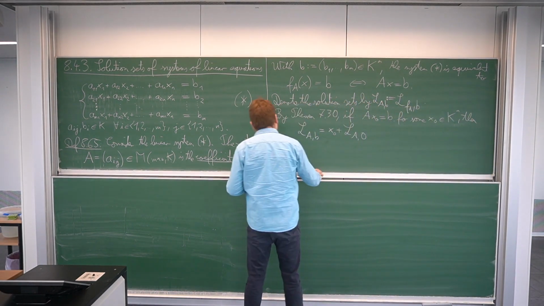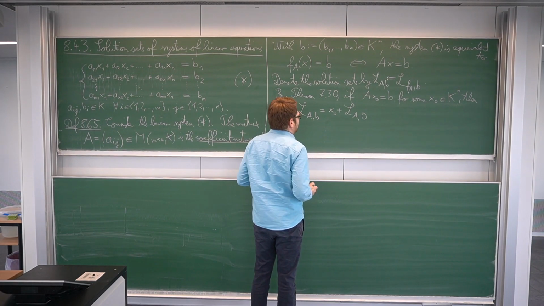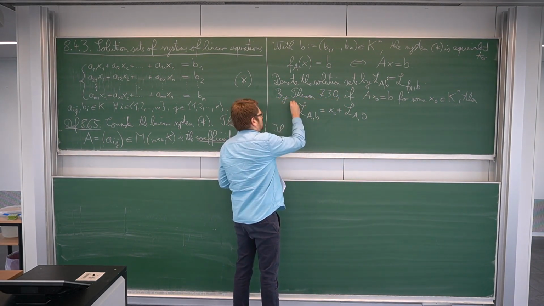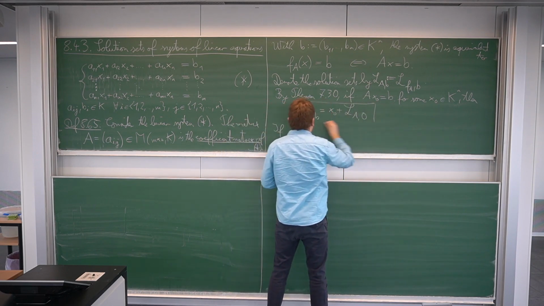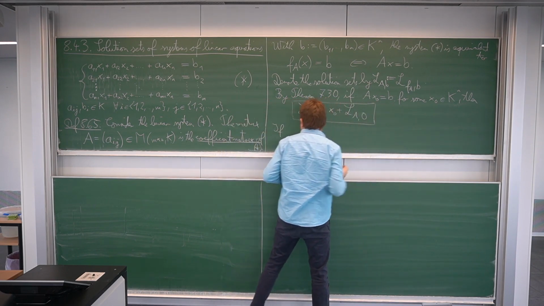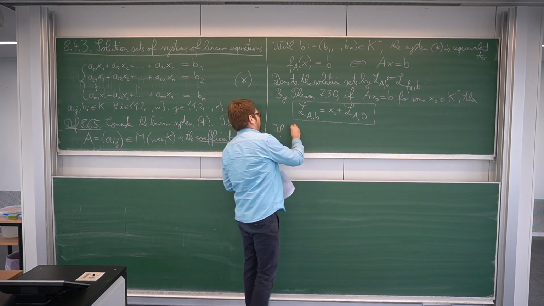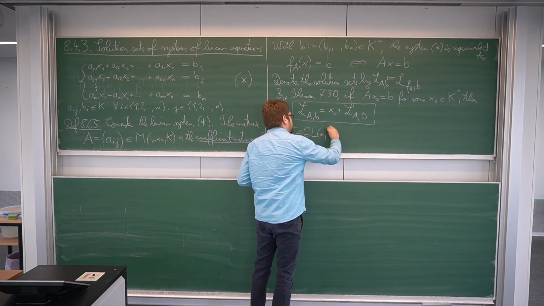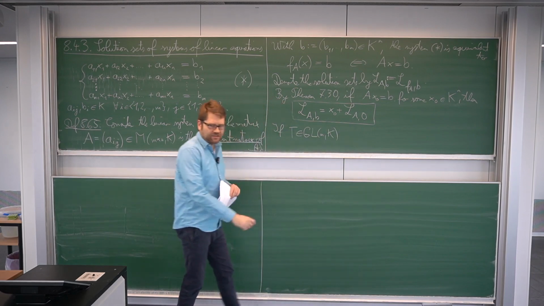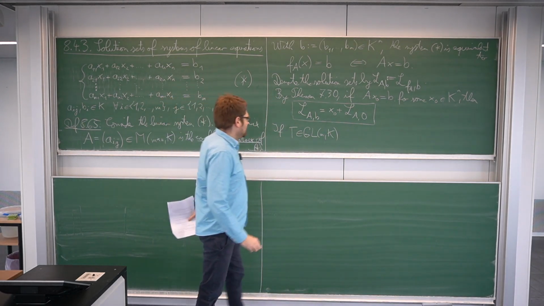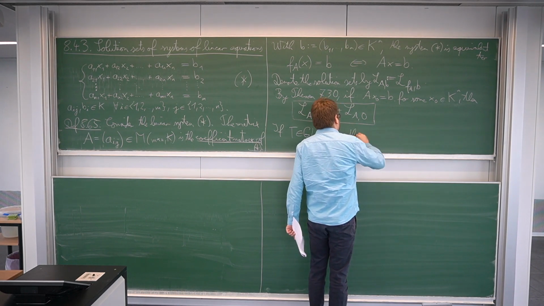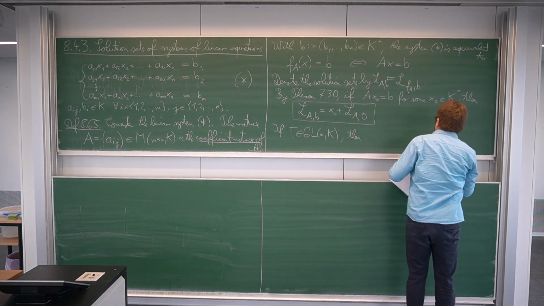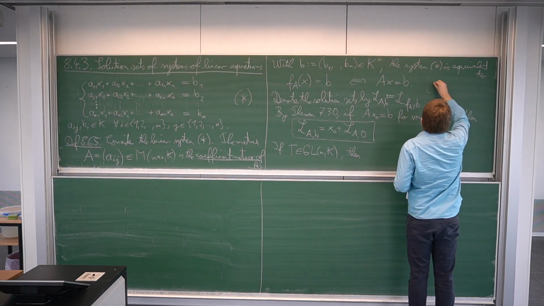Also, there's something easy to observe, namely if we have some invertible matrix T in GL M K, so an invertible M by M matrix, then this equation is equivalent to TAX is equal to TB.